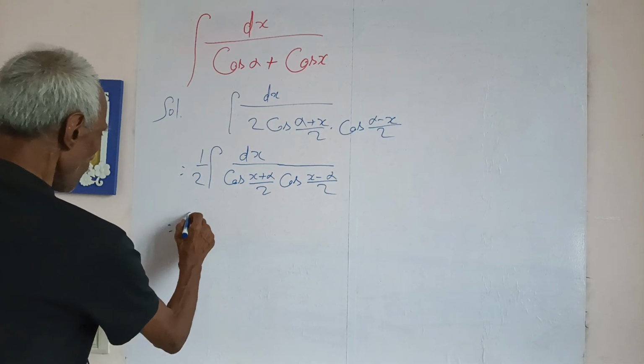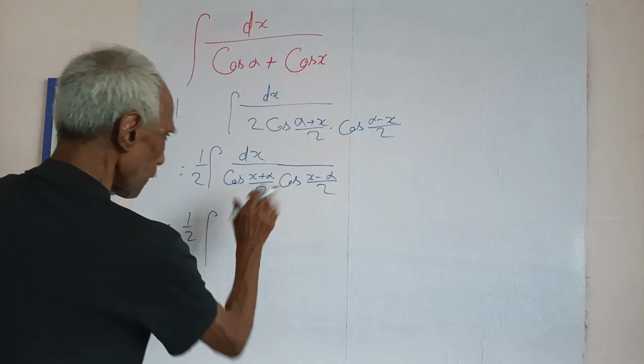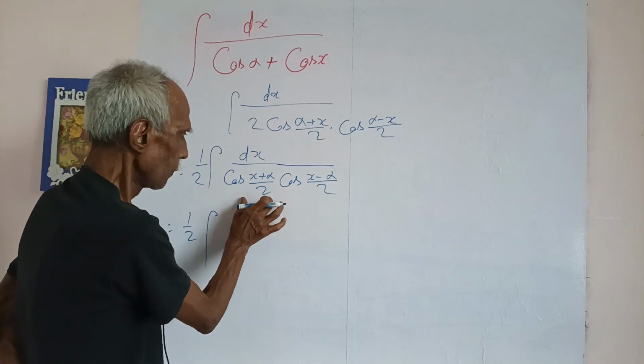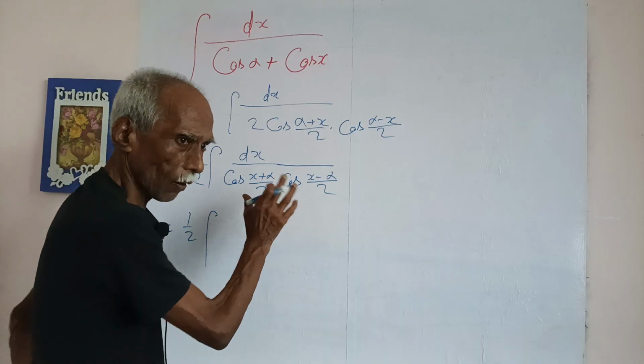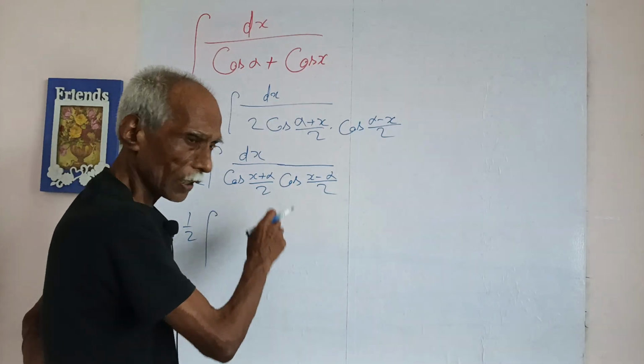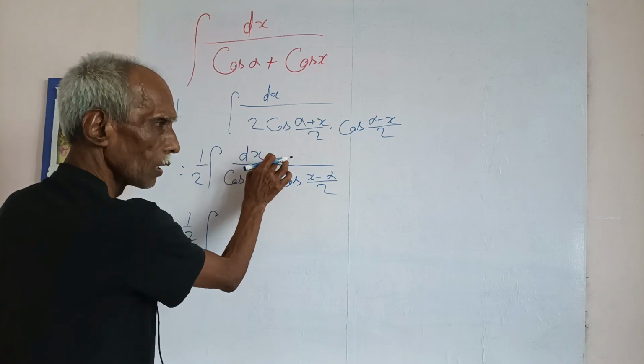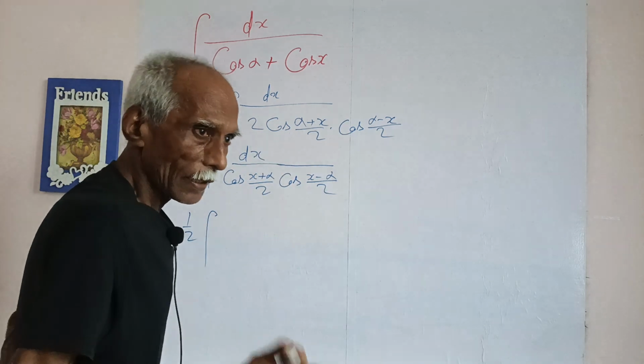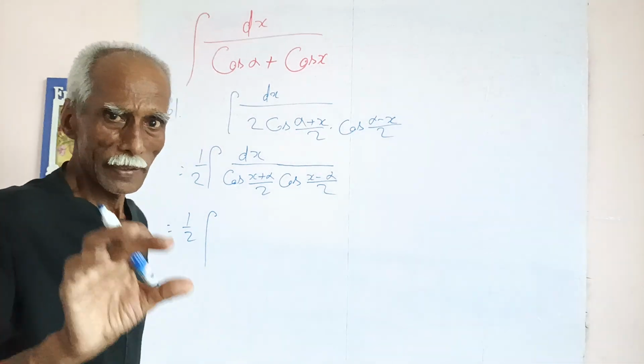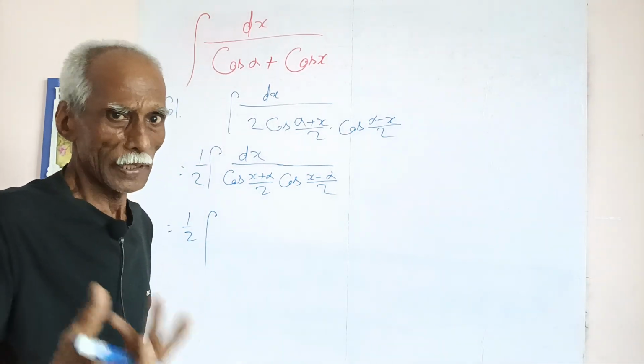Now, in this type of sums, when cos and cos, that means cos in two forms, are in the denominator, then you have to change it here as sin cos or cos sin, and that will come from our sin(a plus b) or sin(a minus b).